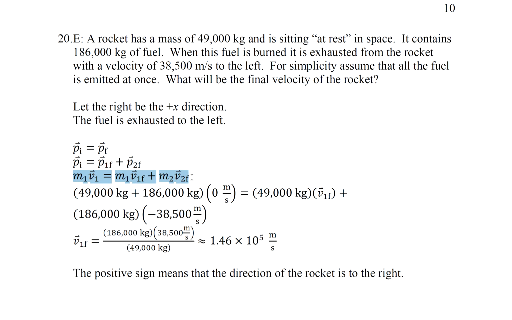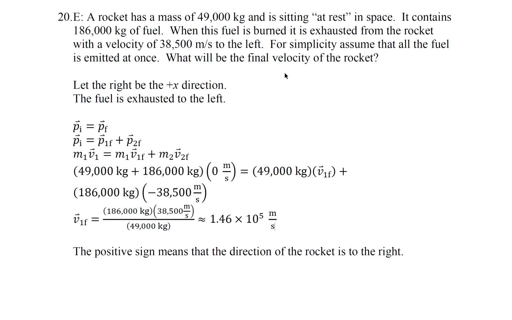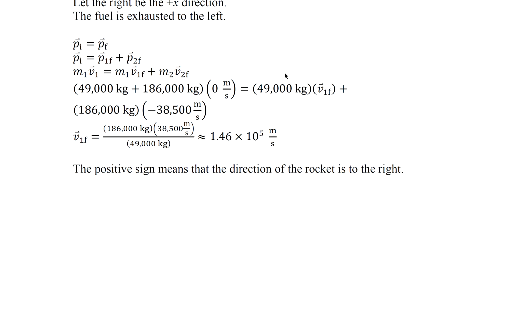So understand, the initial m1 v1 is the rocket by itself, not moving, with the gas in it. m1 v1 final is the rocket going to the right. m2 v2 final is the gas going to the left. Solving for v1 final, we get this velocity. That means the rocket goes to the right.